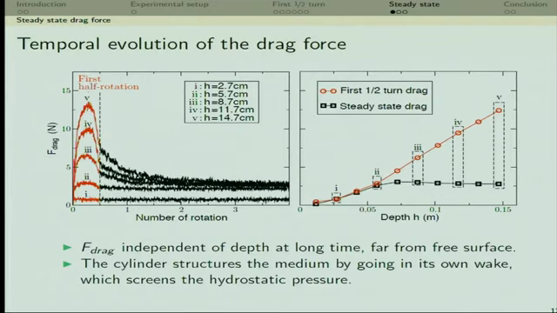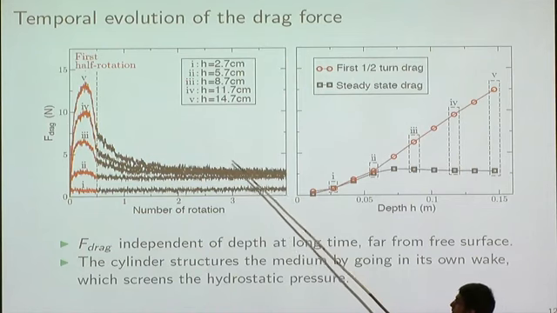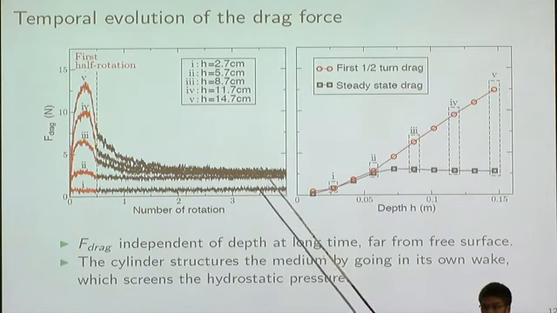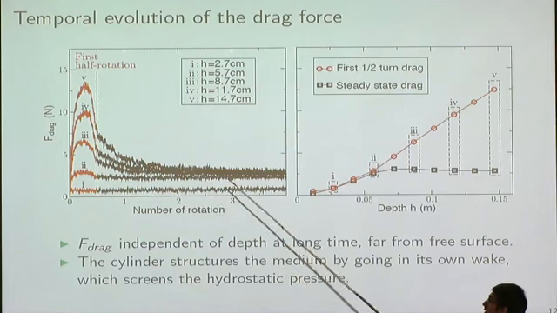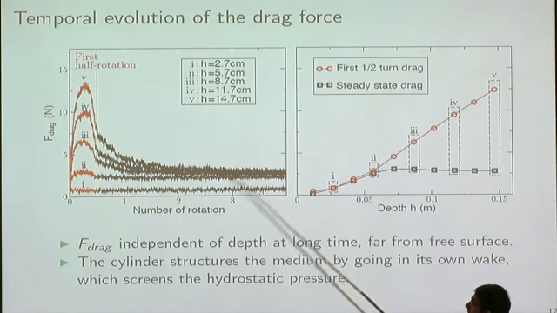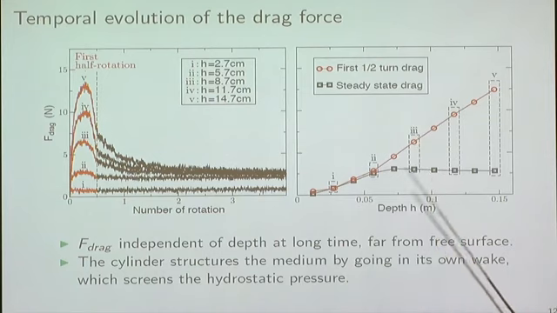So these are experiments now. What we see is that on the first half rotation, as I've shown you before, the drag increases with the depth. That was expected. But after half a rotation, we see a huge drop of the drag force, which eventually reaches a steady state at long time, a steady state that seems quite independent of the depth of the cylinder.